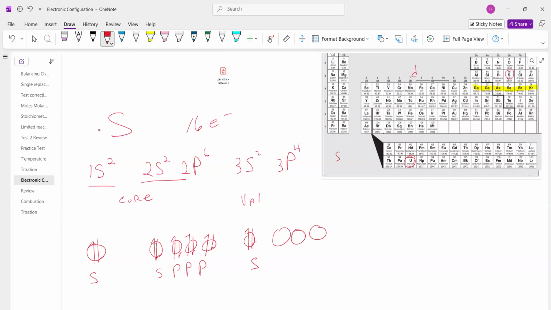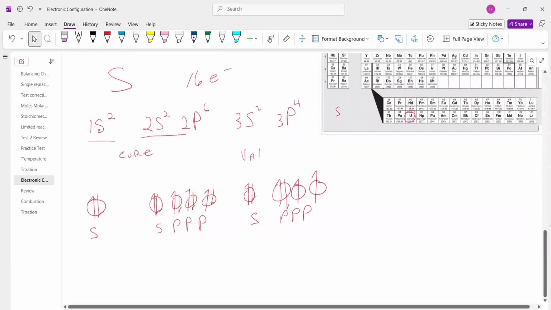We're going to spread those out. And then we have to pair up the last one. It doesn't matter which one of those you choose. Okay, so that's the orbital diagram for sulfur.